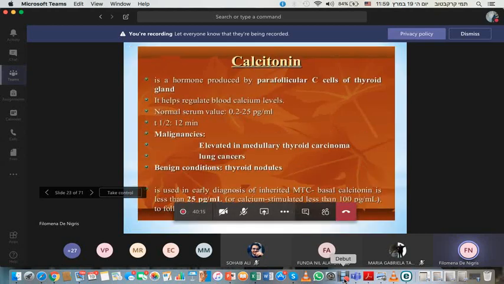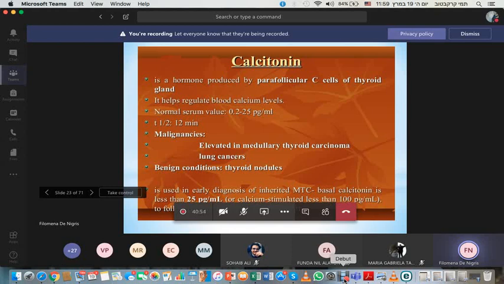Calcitonin is a hormone normally produced by the thyroid gland. When in the blood we have a higher than normal value of calcitonin, it is a good indication that we have an alteration in the thyroid gland, and we have to verify with other instruments whether it is a tumor or a benign condition, hyperplasia, or so on.